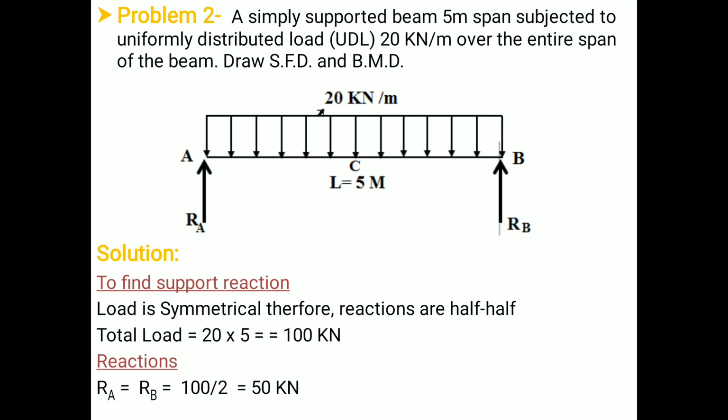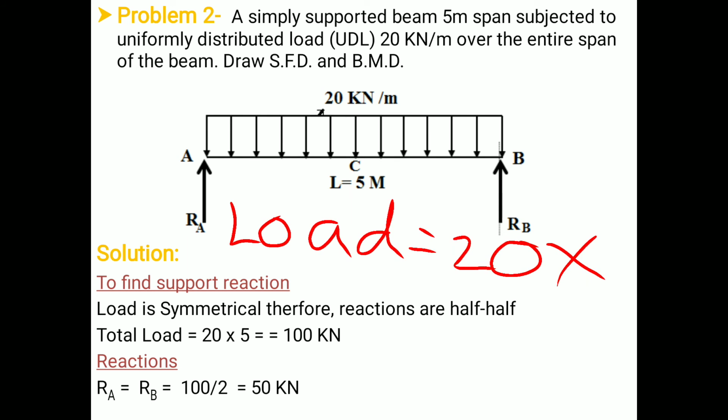Remember that in case of a uniformly distributed load, the load can be converted into a point load. How to convert it into a point load? By using the intensity of loading into its length, that is 5 meter. So the point load will be 20 into 5, and that load will act at the center of the span.